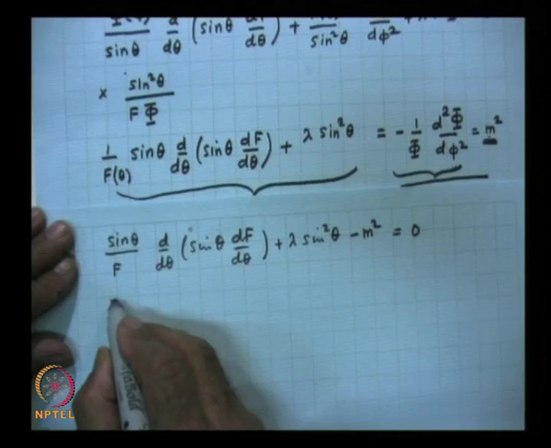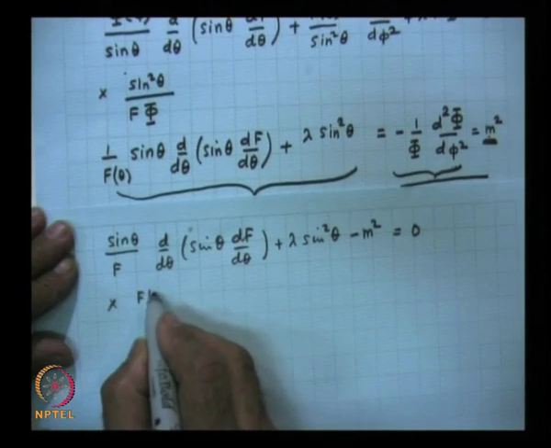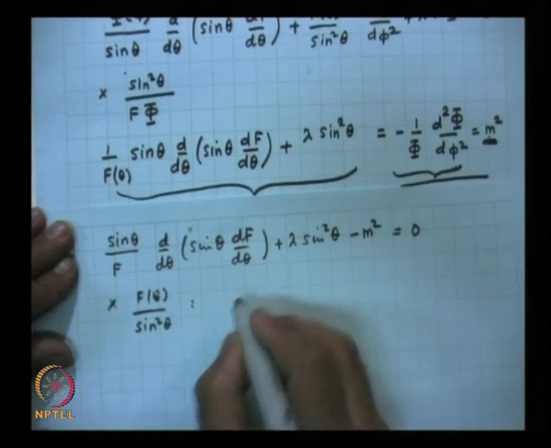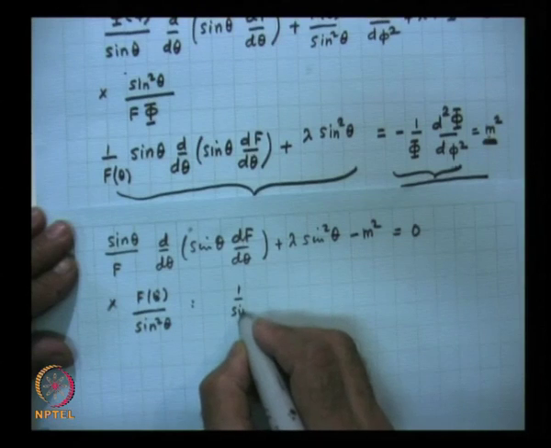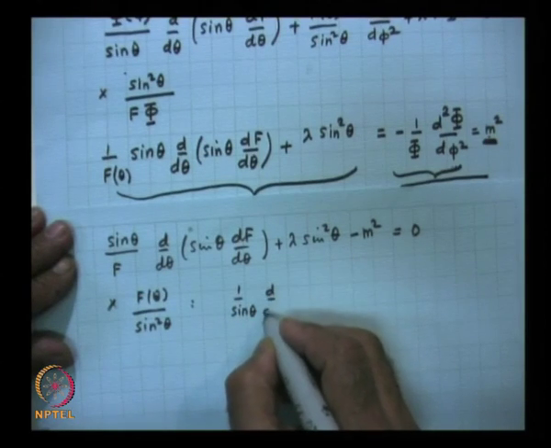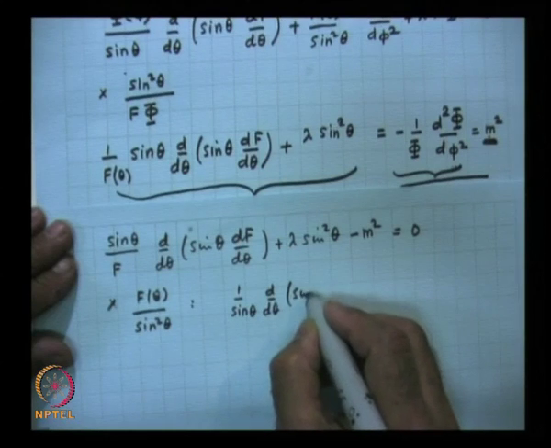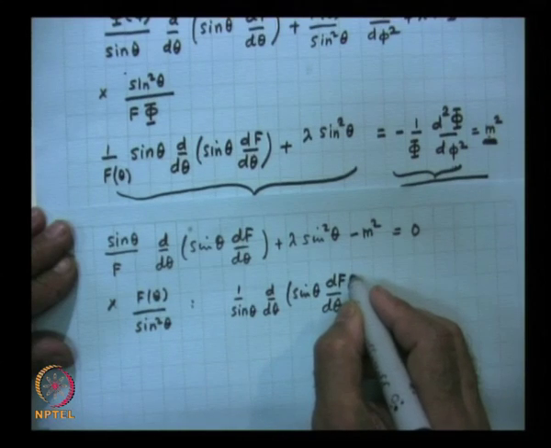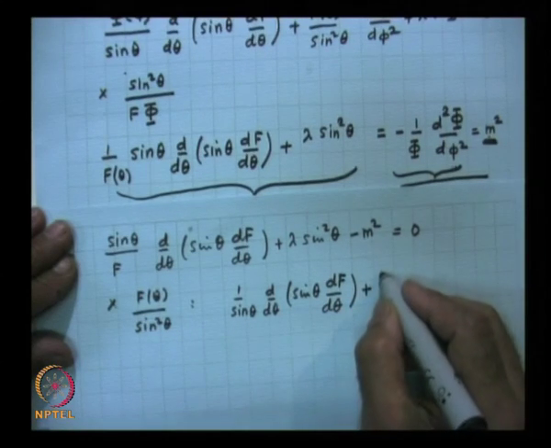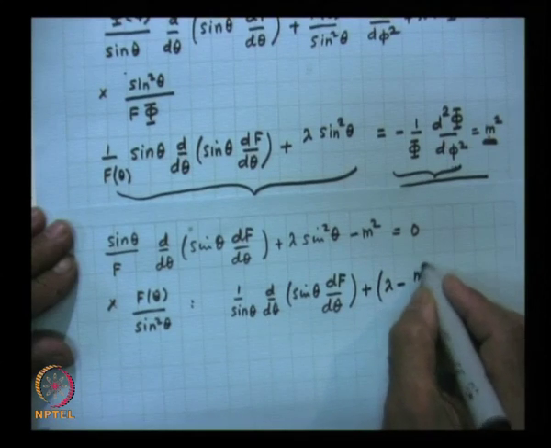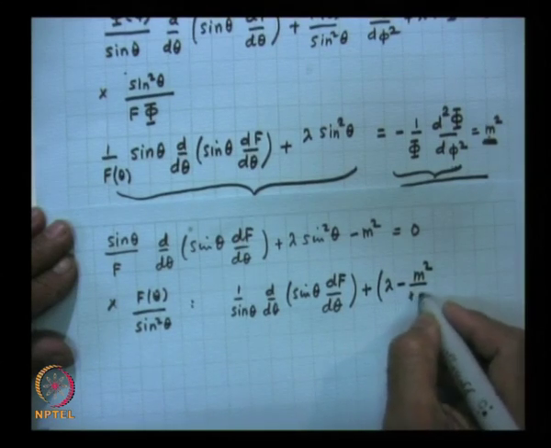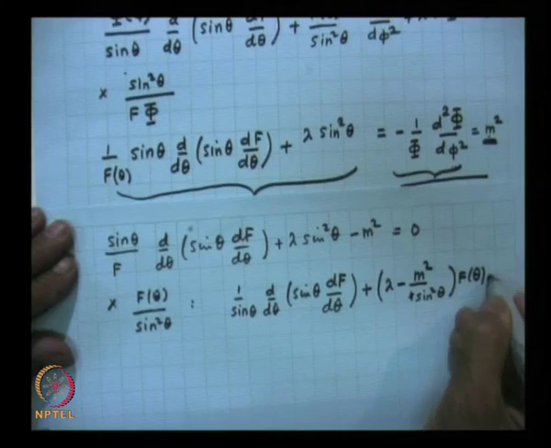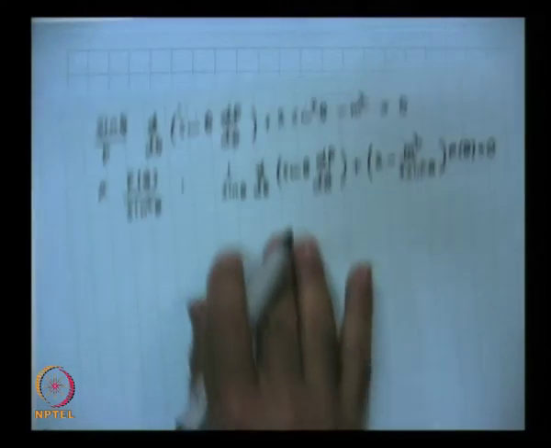I multiply the above equation by f of theta divided by sin square theta, and I will get 1 over sin theta d d theta of sin theta df by d theta plus lambda minus m square by sin square theta f of theta equal to 0. This is known as the associated Legendre equation.